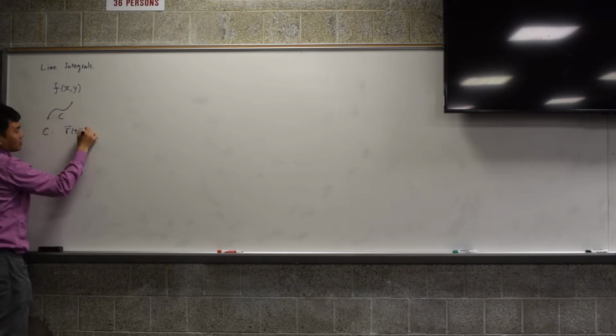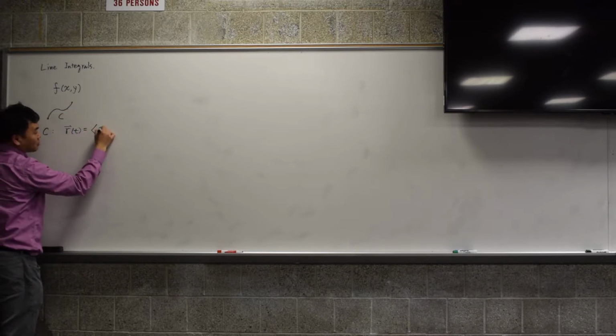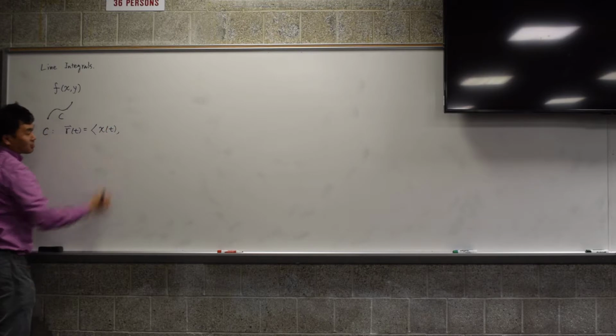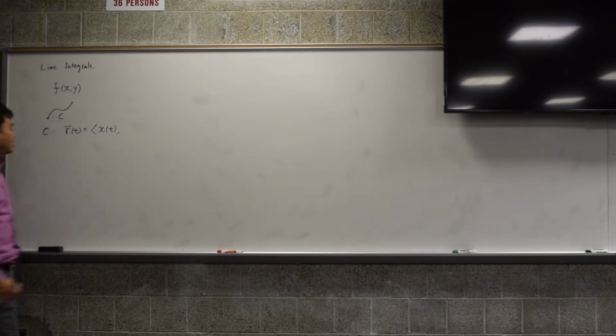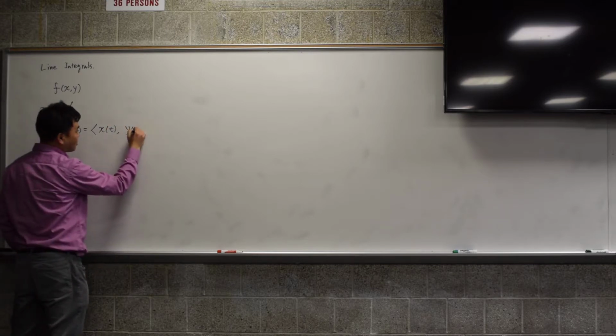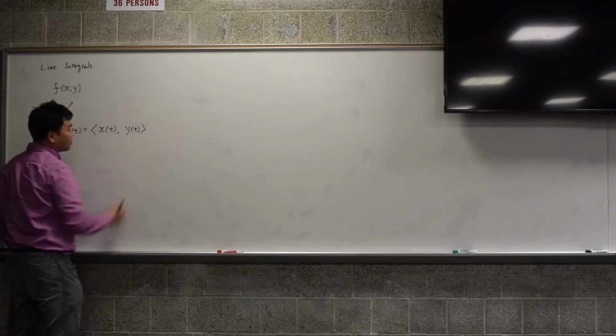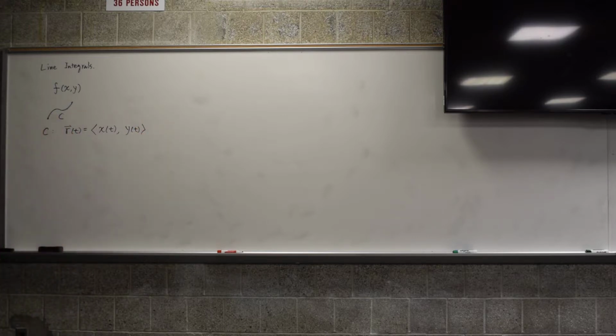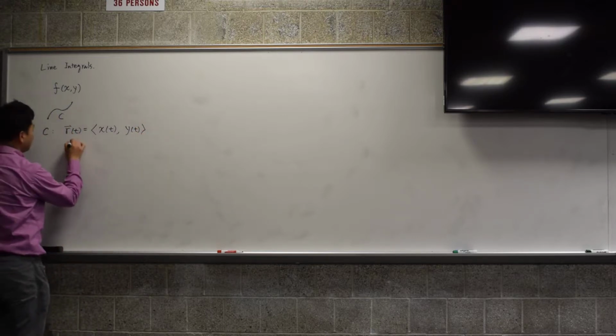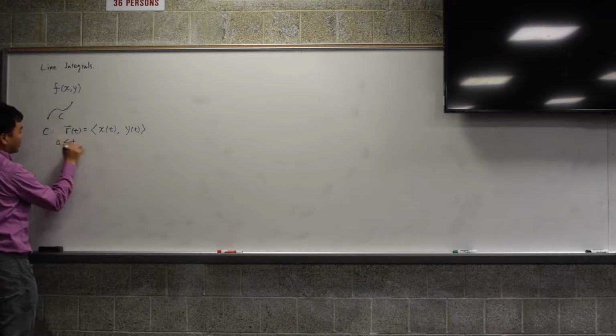The particle's x position is given by the function x(t), and the y position is given by the function y(t), with t being between a and b.